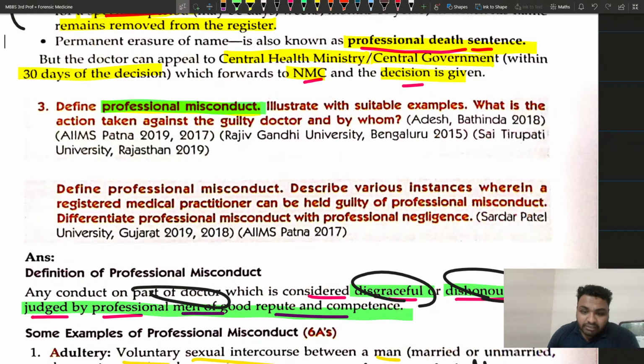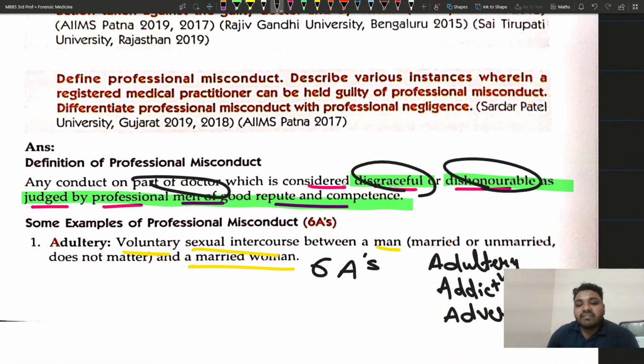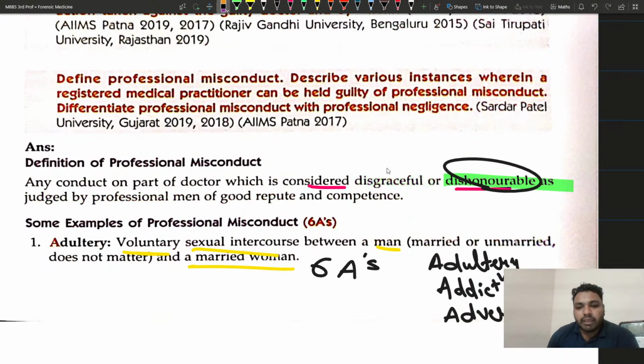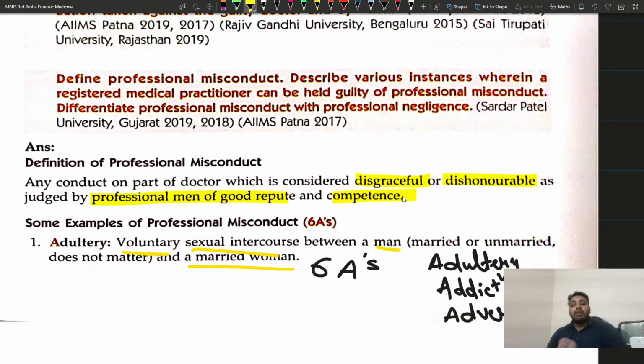But in professional misconduct, it is any conduct on the part of the doctor which is considered disgraceful or dishonorable, as judged by professional men of good repute and competence. Anything done by a doctor which is disgraceful or dishonorable when judged by men who have a good reputation and good competence.